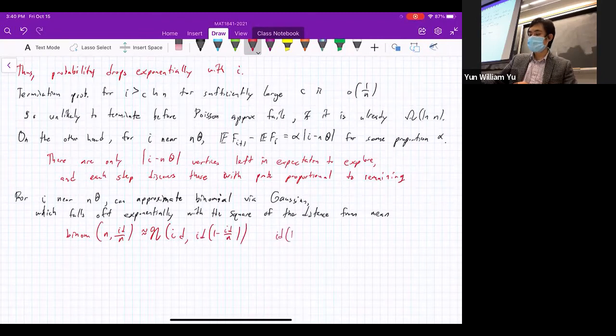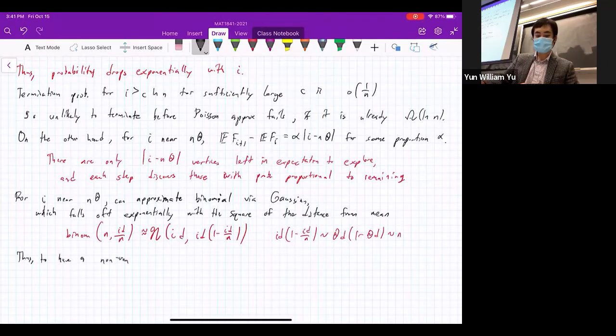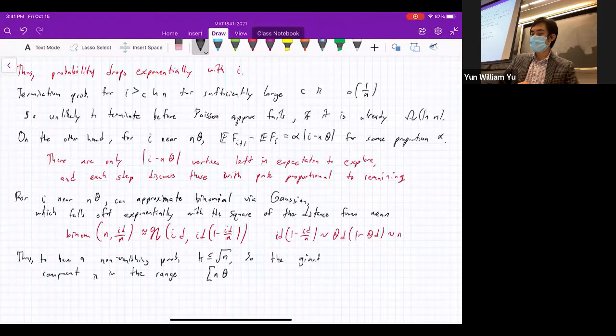And we know that I_d times 1 minus I_d over n is approximately equal to theta d times 1 minus theta d, which is approximately n, roughly speaking. I'm playing really fast and loose here. But thus, to have a non-vanishing probability, we need k to be less than or equal to root n. So the giant component is in the range n theta minus root n and n theta plus root n.